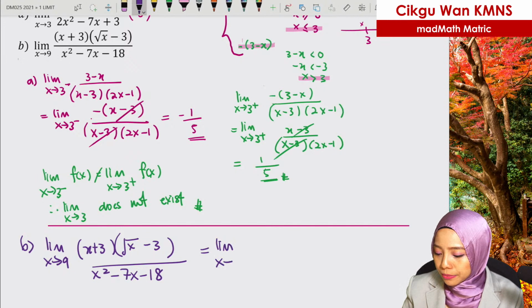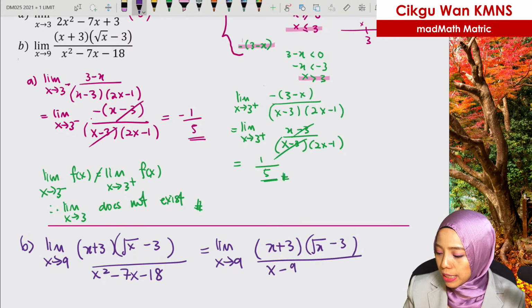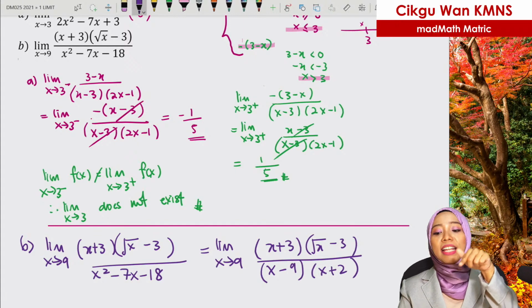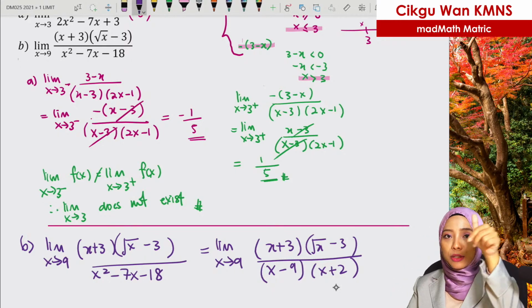Limit x approaching 9, x plus 3, x minus 3 over, when you factor out, x minus 9, x plus 2. Right? Factoring out x square minus 7x minus 18 gives x minus 9. Okay, Firaz has understood. Thank you so much.